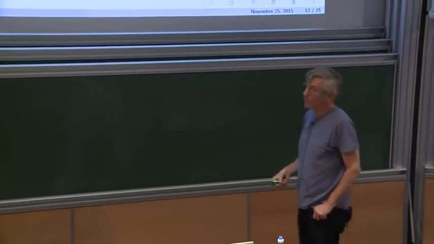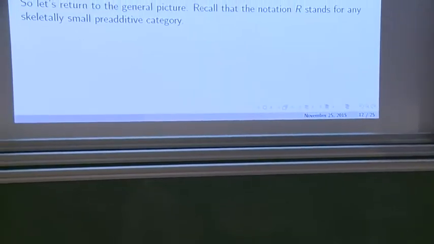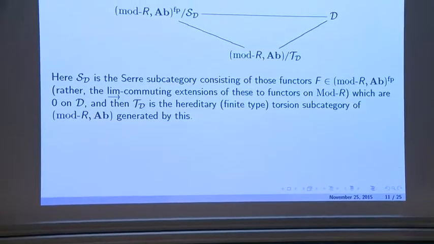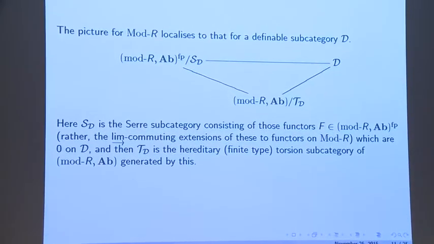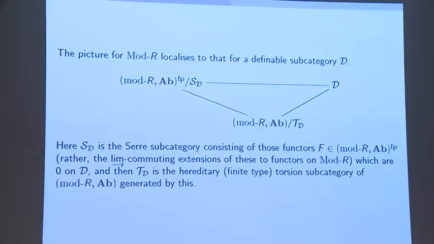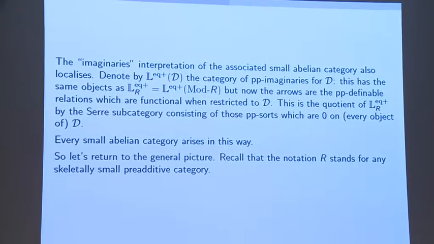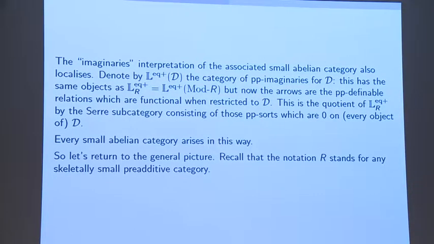Yeah, and you can also think of the imaginaries interpretation of this category. This was a category of pp imaginaries. That also localizes, in the sense that you have the same objects, as was discussed before, but now you have more conditions, more axioms. So some relations, which before just defined relations, not functions, now may define functions.